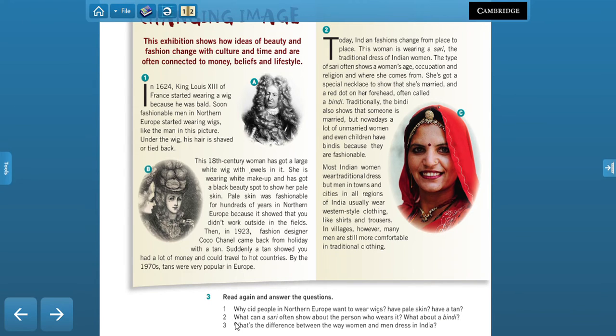Number 2 says, what is a sari, of course? What can a sari often show about the person who wears it? What about a bindi? And what's the difference between the way women and men dress in India? If you don't know the answers, you can pause the video now and check and read again.